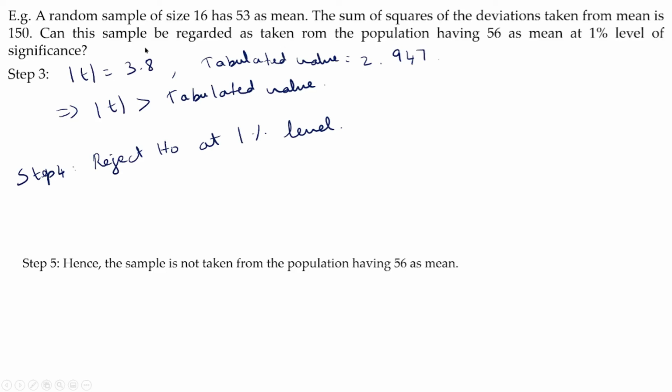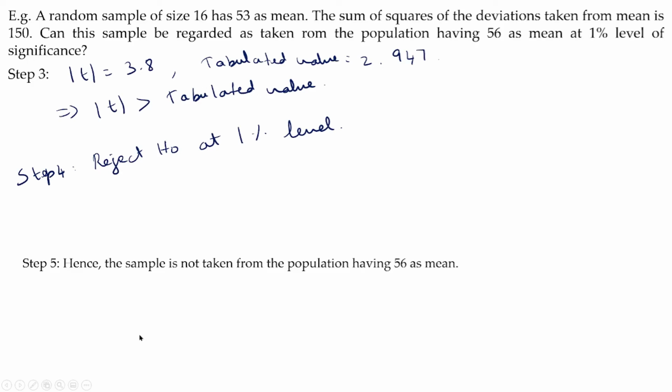So whatever is asked in the question, based on that we have to write the null hypothesis and the alternate hypothesis. After getting the decision, that is whether this t value is more than the table value or this t value is less than the table value, accordingly we have to reject or accept H0 respectively.